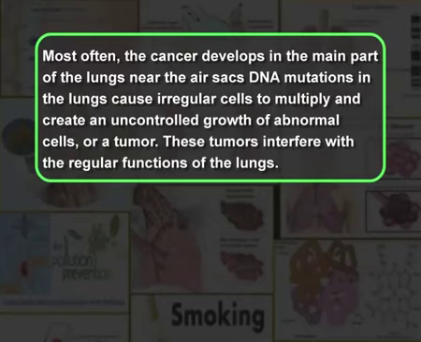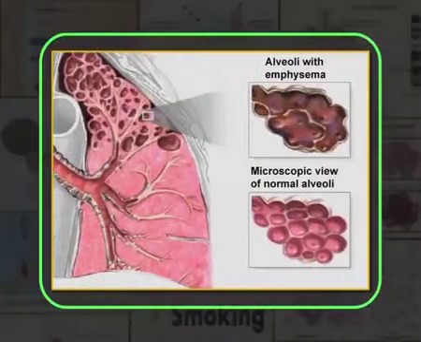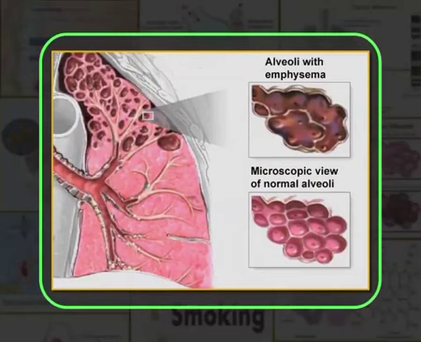These tumors interfere with the regular function of the lungs. Symptoms can take years to appear, but include chronic coughing, changes in voice, harsh breathing sounds, coughing up blood and many others. So, this is the diagram showing the alveoli with emphysema and the normal alveoli.